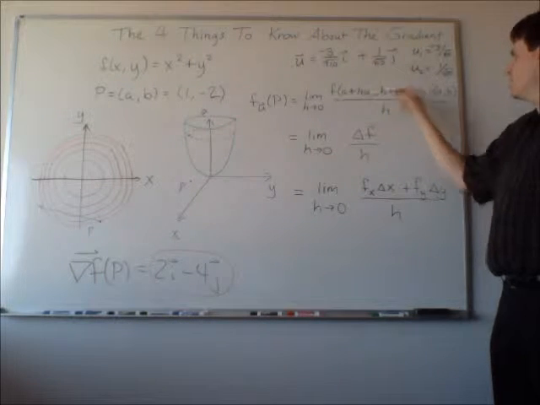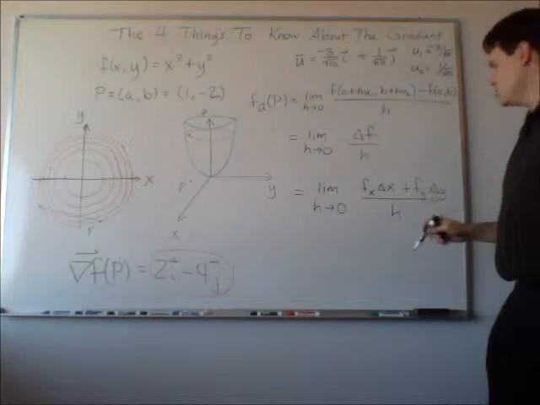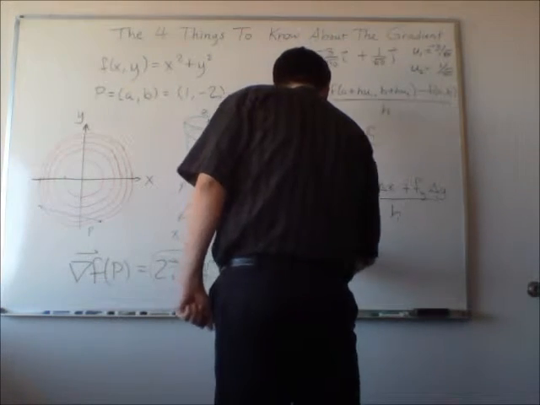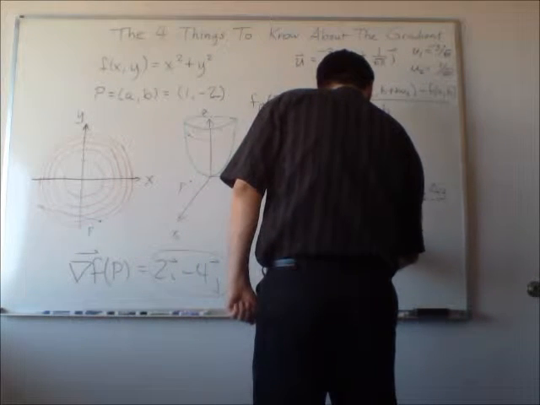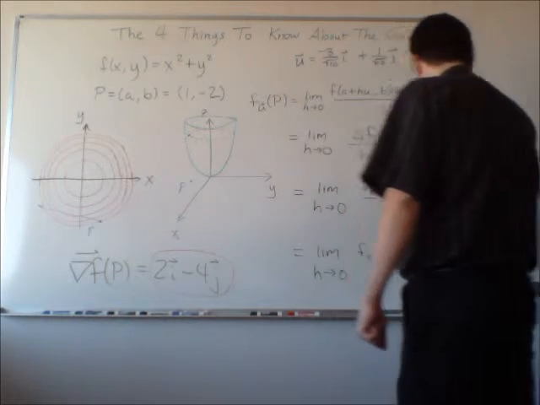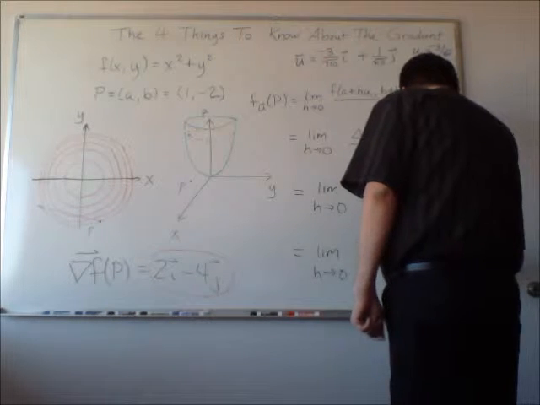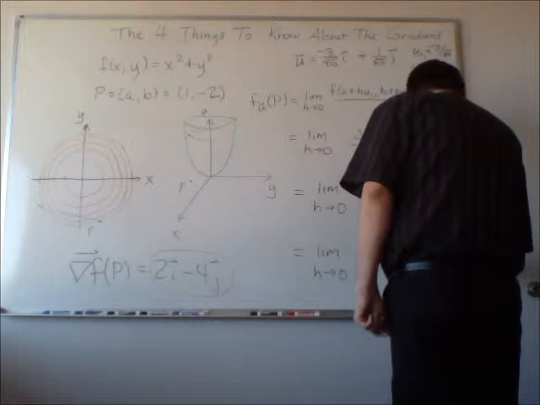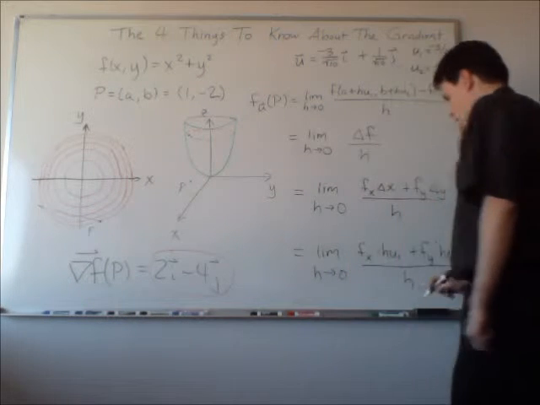The change in x was from a to a plus hu1, so the change in x was just hu1. So I have f sub x times hu1. And similarly, my change in y was hu2. And I'm dividing all of this by h, that is the run.